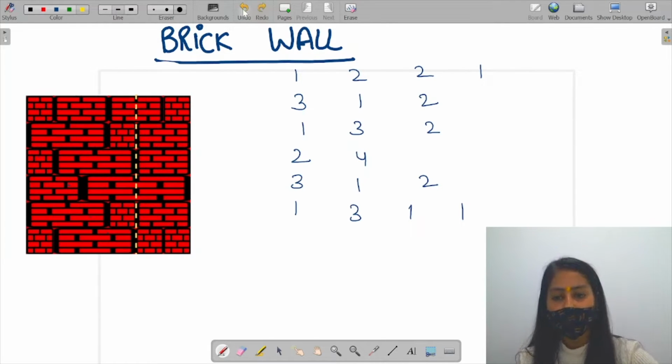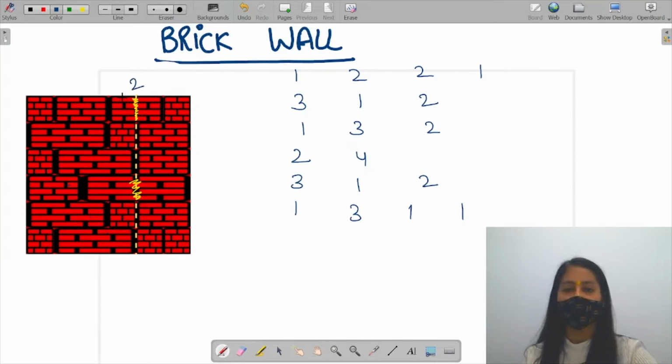So if we talk about this particular line, right, so this line is passing through one brick, through second brick. So total number of brick rows for this particular line is 2, right? For all other bricks it is passing through the split, right? So if the line is passing through the brick and not through the split, then that will be a brick row.